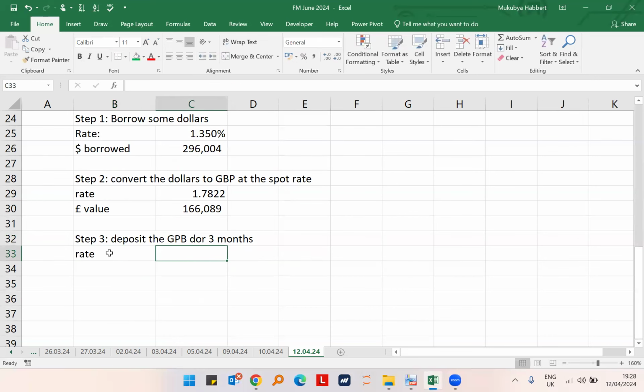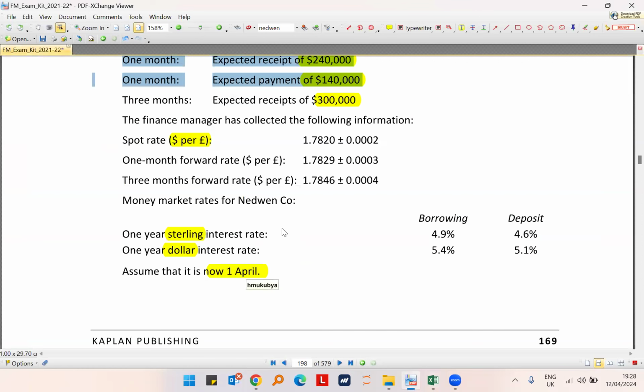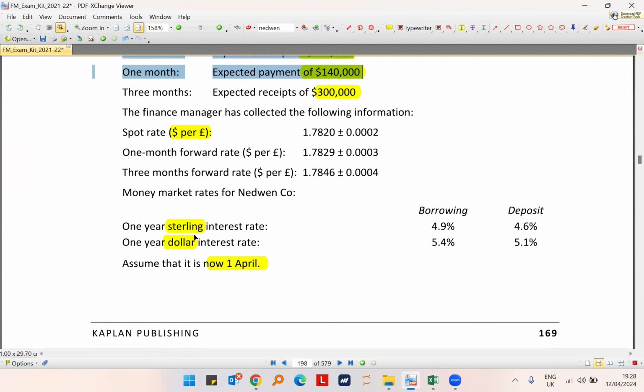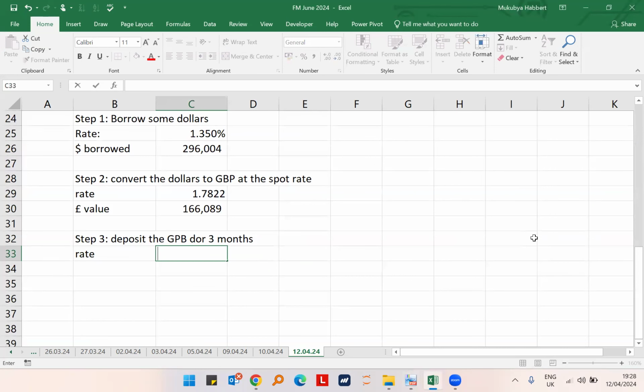So the rate now we are using is the rate for investing, and we are investing pounds. So that will be 4.6% times 3 out of 12, because it's for 3 months again, which gives us 1.15%.